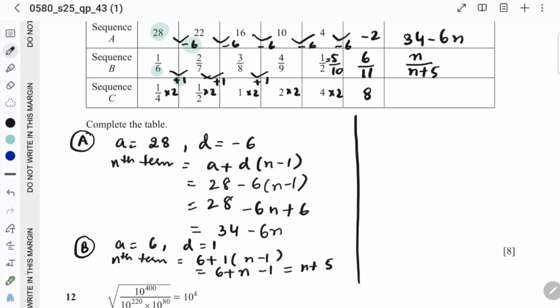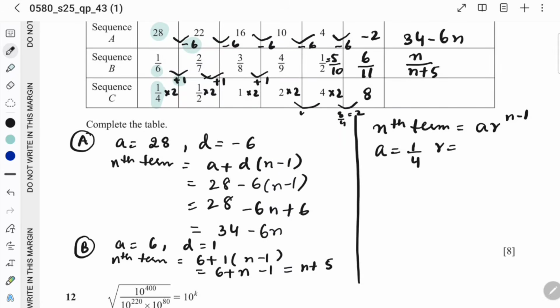Where a is the first term and you will find r by dividing the second term by the first term, the third term by the second term, like this. Okay, now you have a geometric sequence, nth term is equal to a r^(n minus 1). Now a is half, the first term, quarter. For r, you divide 8 by 4, which is 2.